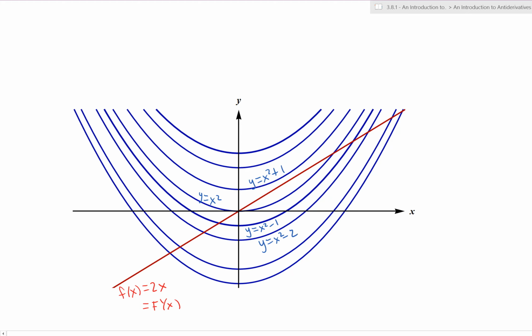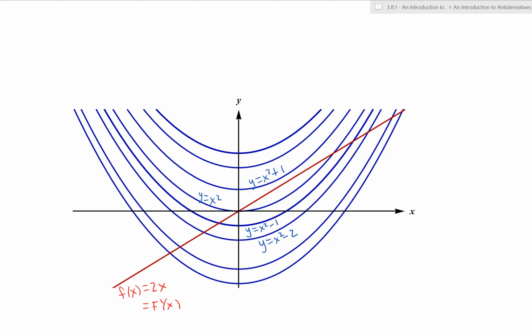So when we find the general family of antiderivatives, it gives us the infinite collection of curves such that all of those curves have the same derivative when I differentiate them. We always get, in this case, 2 times x.